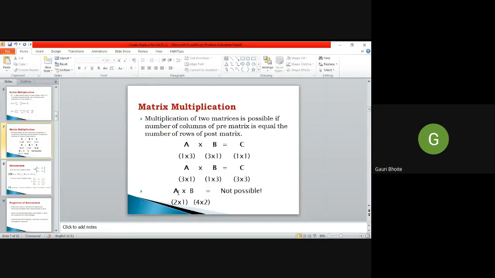Third, A is of order 2 by 1 and B is of order 4 by 2. Here the number of columns of the pre-matrix is 1 and the number of rows of the post-matrix is 4, so matrix multiplication is not possible. Keep this in mind.